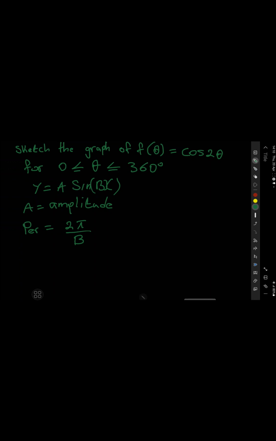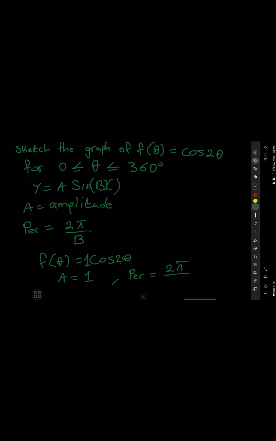So if we look at the question at hand, we have f of theta is equal to cos 2 theta. Our amplitude here, the coefficient, is 1, so amplitude is 1. Our period will be found by putting 2 pi over b.